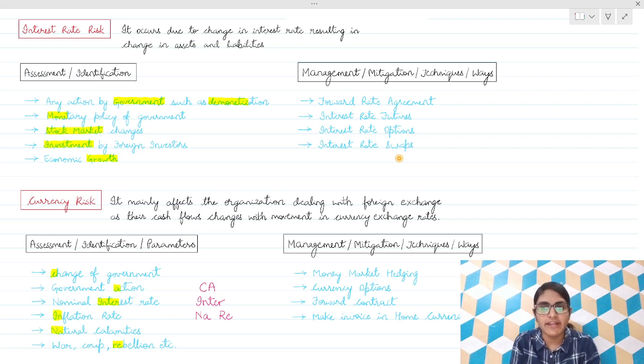Management or mitigation are techniques or ways to manage interest rate risk: forward rate agreement, interest rate futures, options and swaps. Whatever we studied in the practical part of the IRRM chapter.